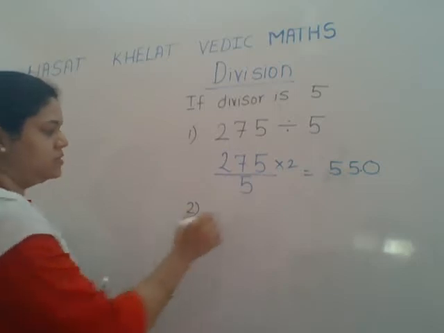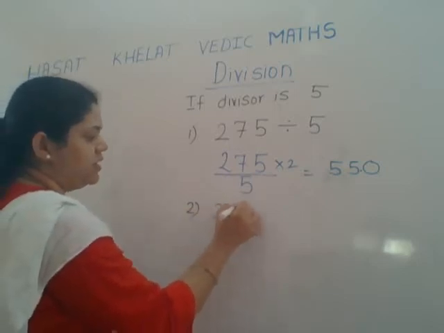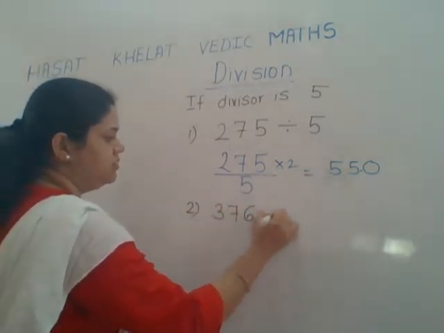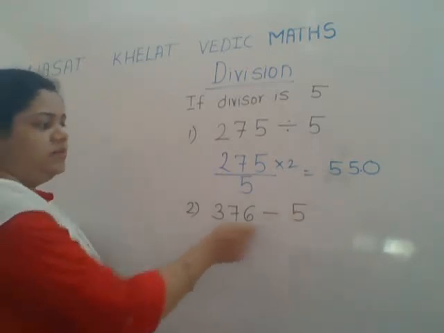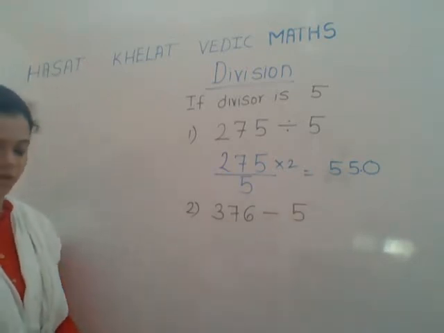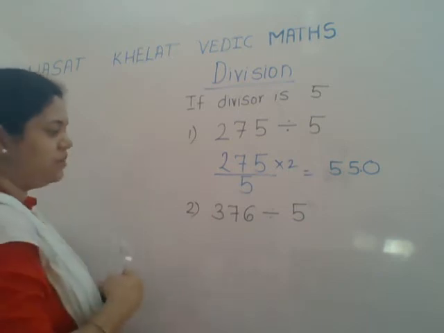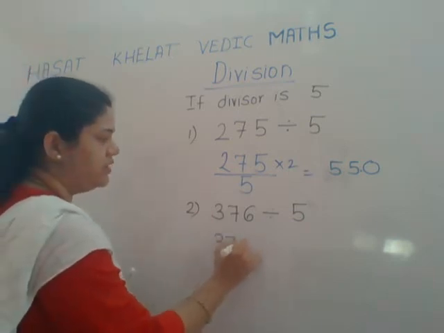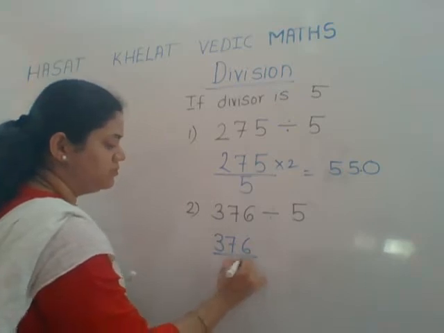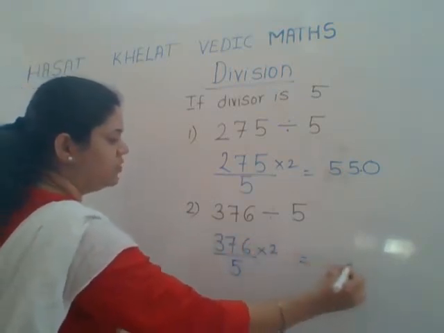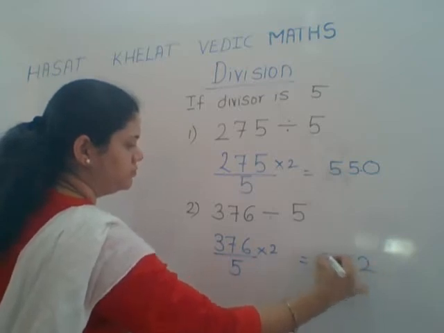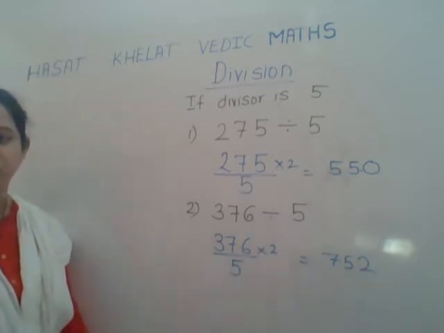If the number is 376 divided by 5. Now this number is not divisible by 5. What is our first step according to the method? Write 376 upon 5. Multiply this number by 2. What do we get? 752.